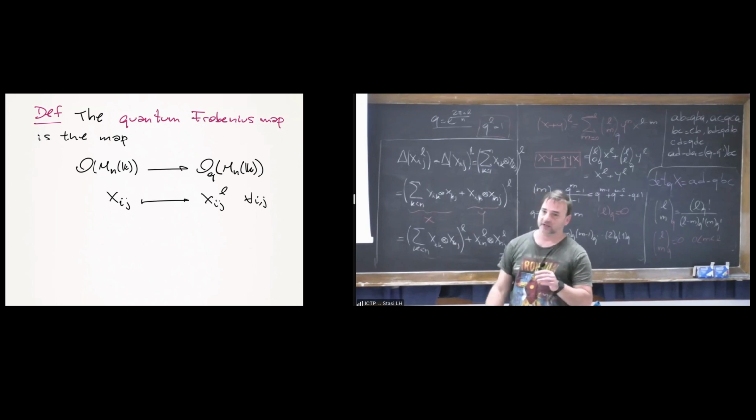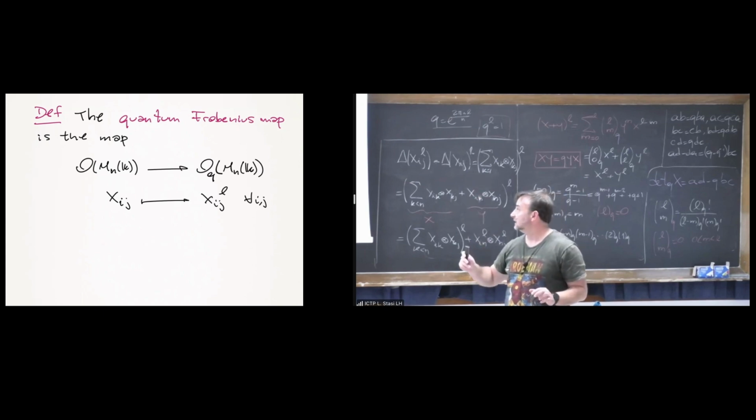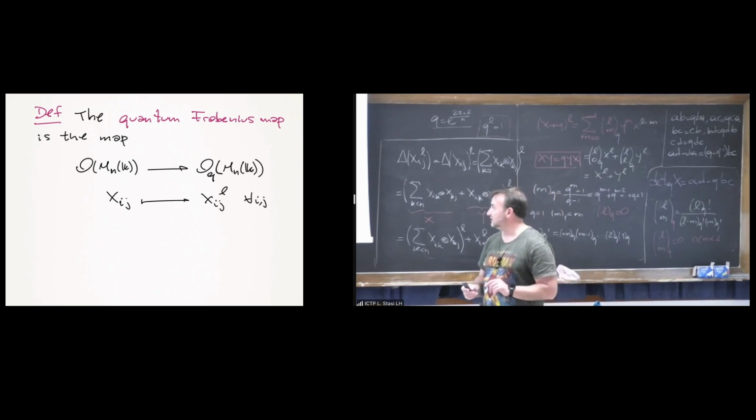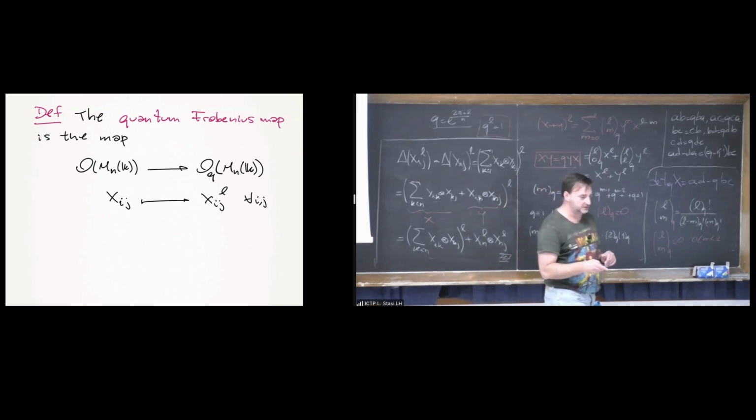And instead of raising the elements of the matrix to some power, we are raising the matrix coefficients to some power, for example, to the L. And this is very nice because we know that these coordinate functions to the L are central.